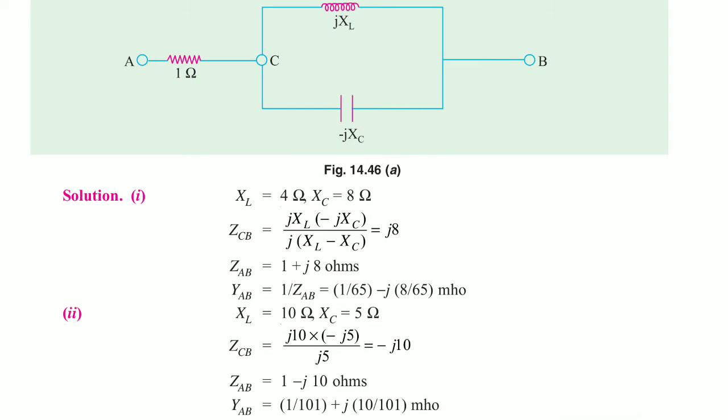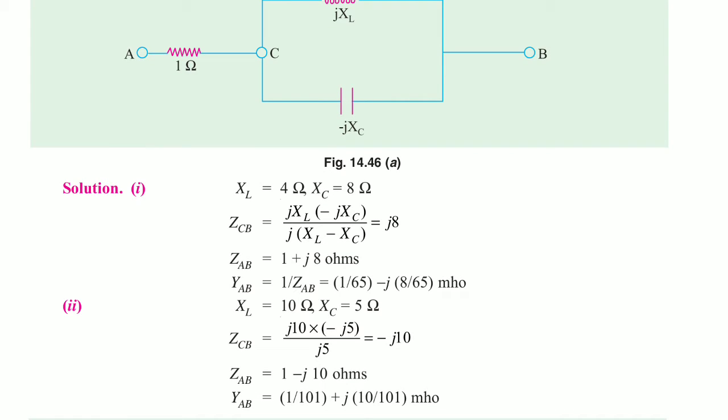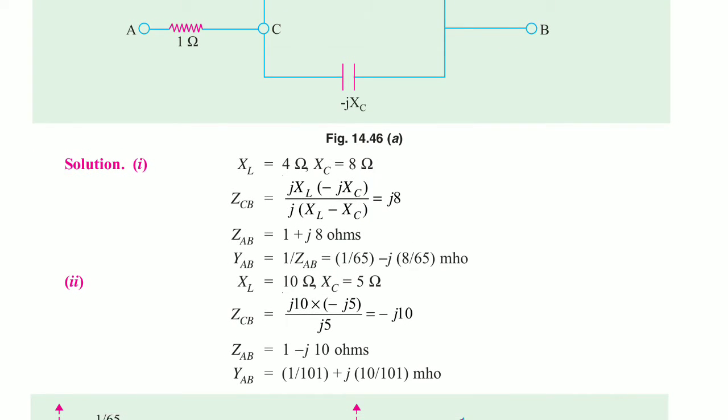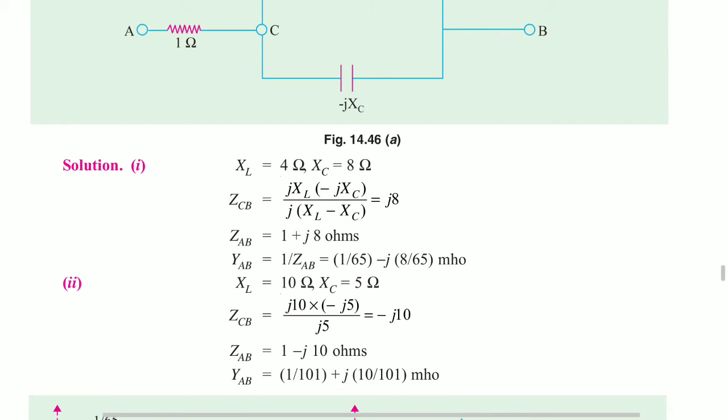So j10 into minus j5 divided by j5. Here j5 cancels, so minus j10 remains. So ZCB is equal to minus j10.